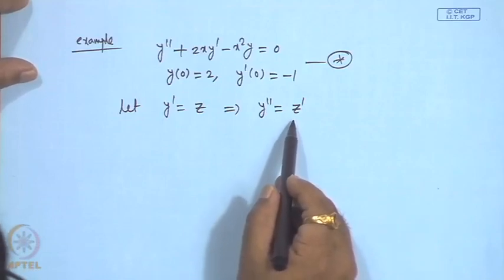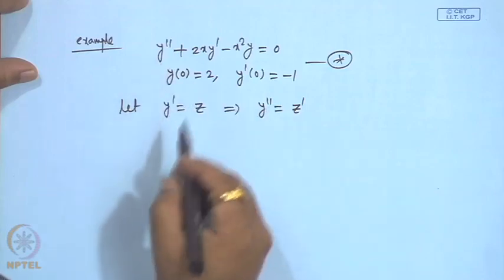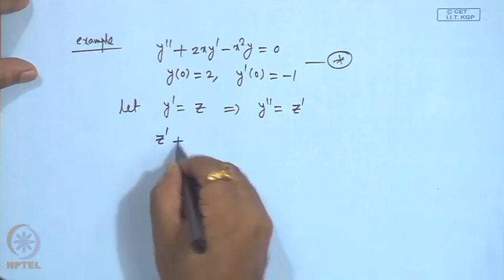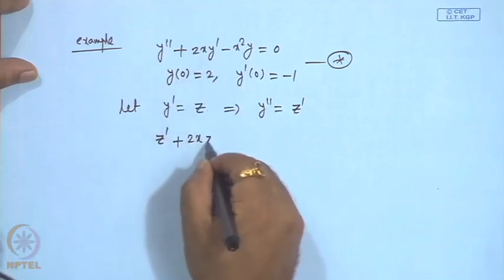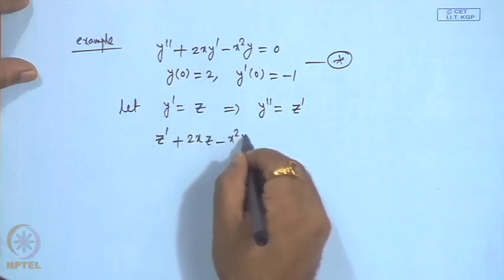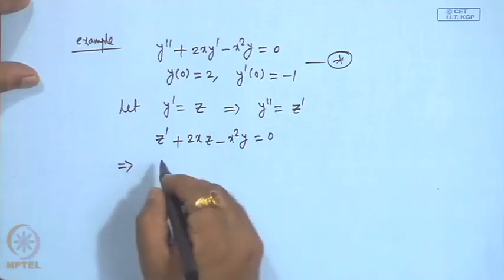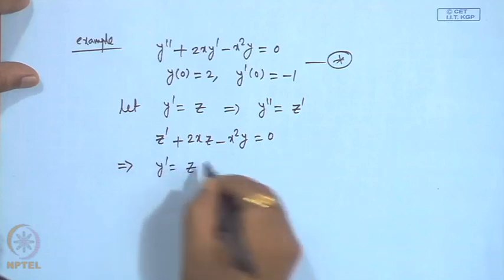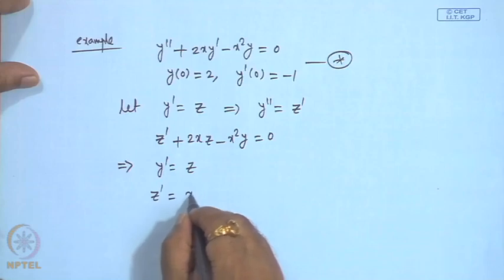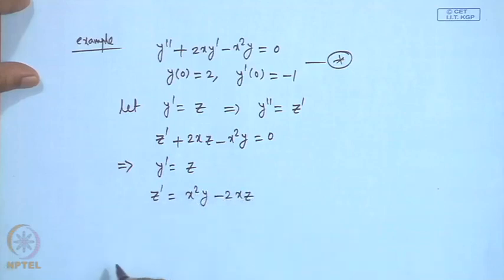Therefore, using this notation, star reduces to z prime plus 2 x z equals 0, and y dash equals z. So, we obtain a coupled system as follows.